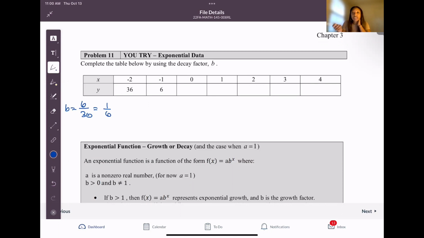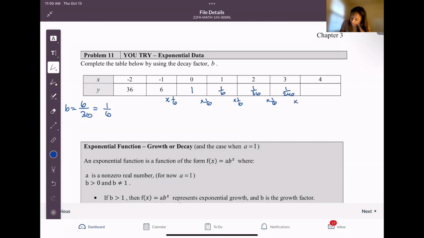How do we fill in the rest of this table? Multiply each output by 1/6, and just keep going. So 6 times 1/6 would be 1. 1 times 1/6 would be 1/6. 1/6 times 1/6 would be 1/36. 1/36 times 1/6 would be 1/216, since 6 times 6 times 6 is 216.